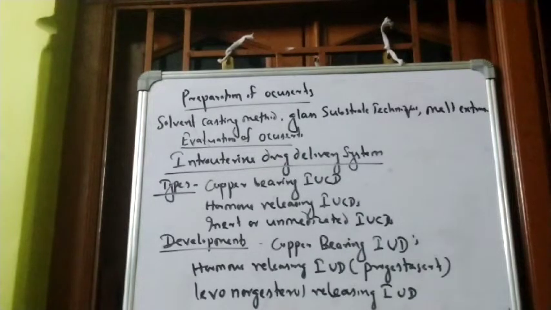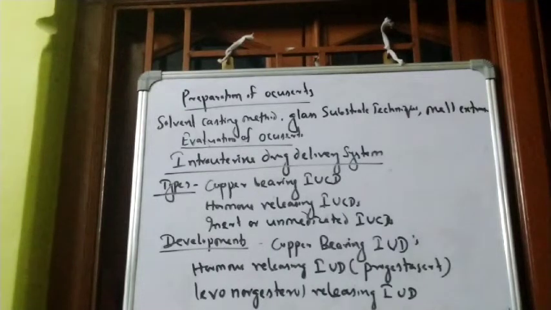Then another technique is the melt extrusion technique. In this technique, first of all the drug and polymer are sieved through sieve number 60. They are wet blended geometrically. Then the plasticizers are added and blended. The blended mass is then charged to the barrel of a melt flow rate apparatus and extruded.